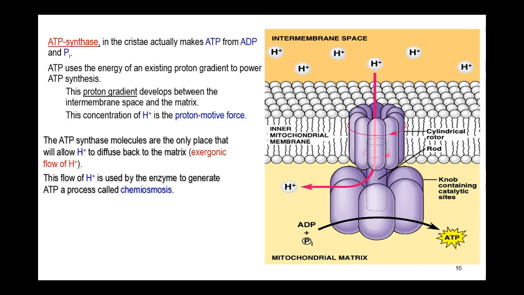So each turn is going to give enough energy for an ATP to be created.